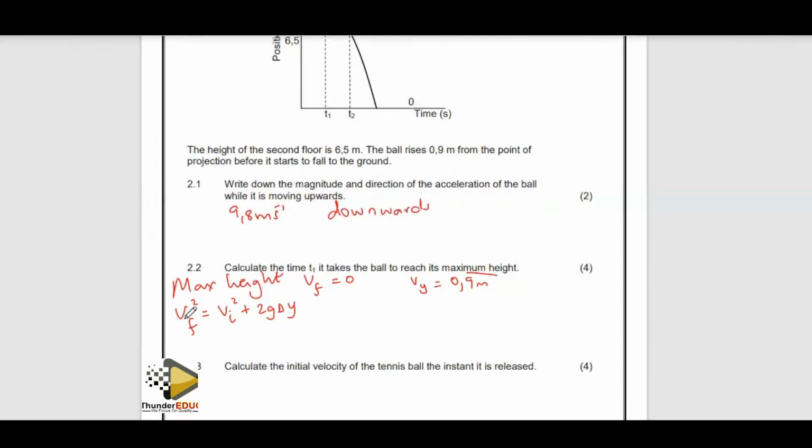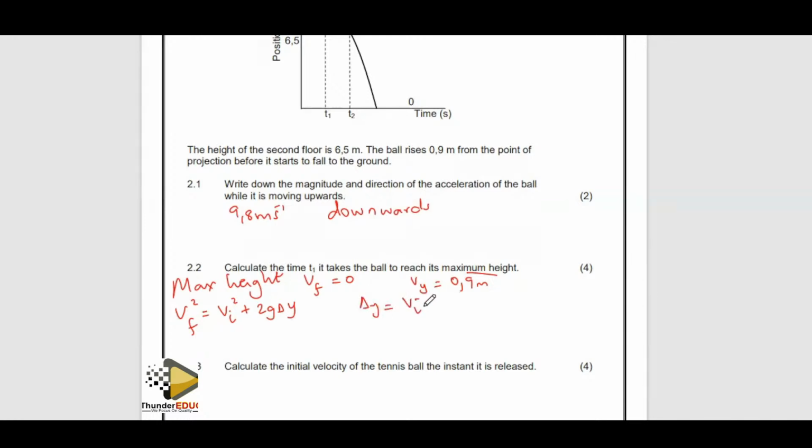Is that true? Yes. But the question is asking for the time it takes. Let me see if I can get an equation that has time straight away, so that I don't have to waste a lot of time.